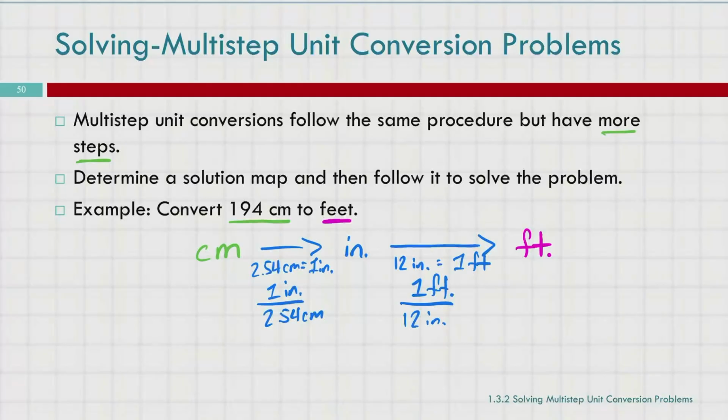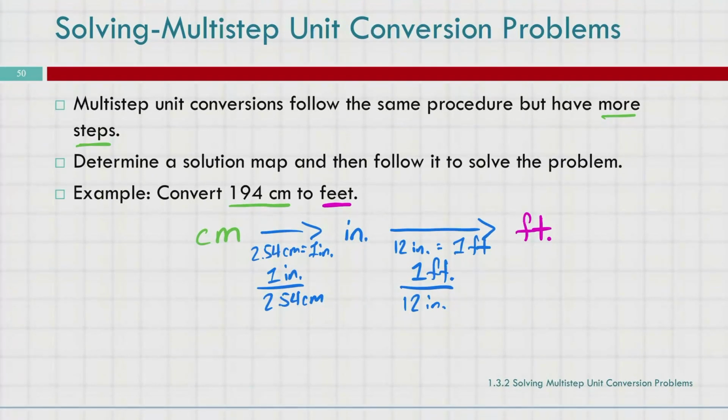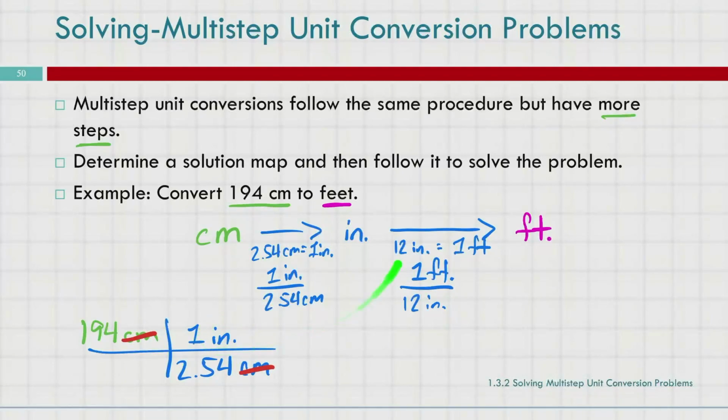And then we can write out what the calculation looks like. So put some numbers in. 194 centimeters. Our first conversion factor, 1 inch over 2.54 centimeters. Centimeters on the top, centimeters on the bottom, those will cancel. And we would have units of inches left, which is where we want to be in our conversion.